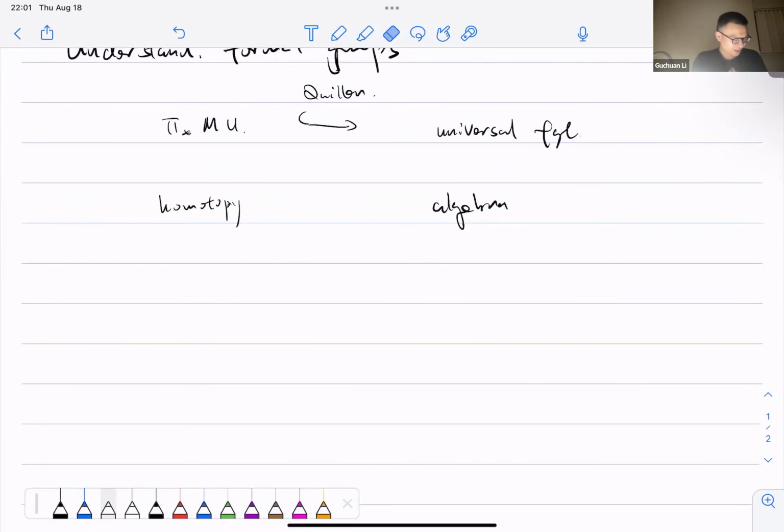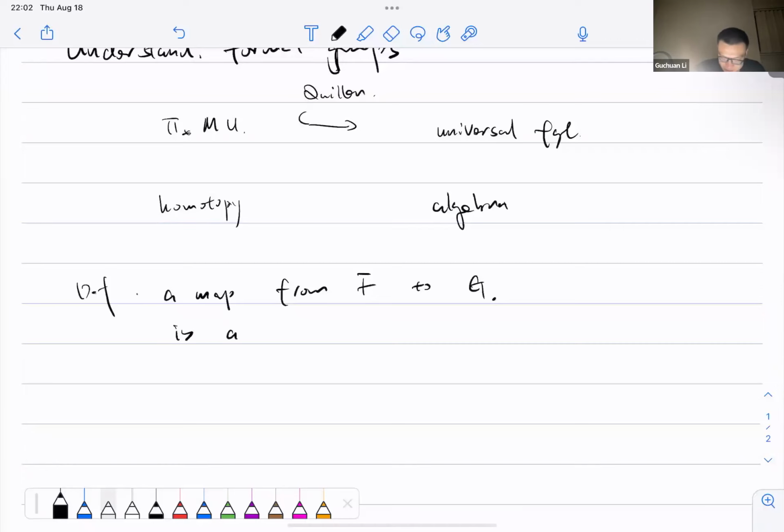Yeah. So now we have a definition of formal group from the first talk, and maybe one thing is, let me make the definition. A map between two formal group laws, let's say we have a map from a formal group law F to a formal group law G. What does it mean?